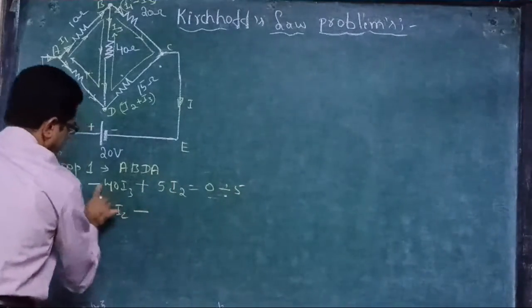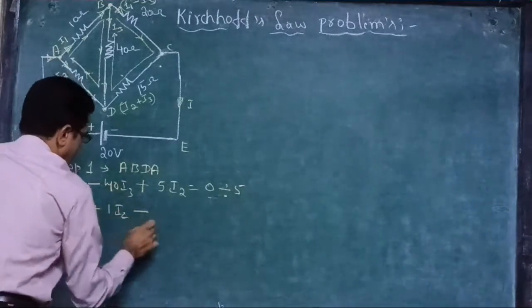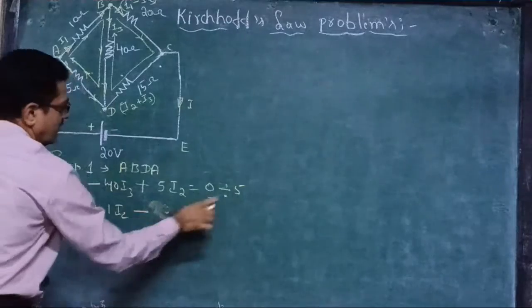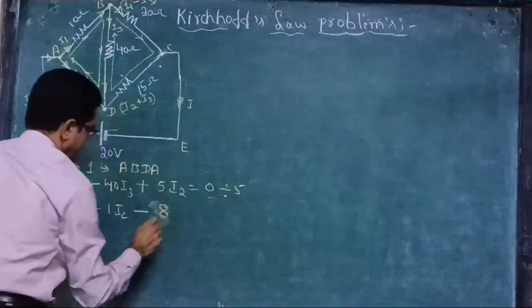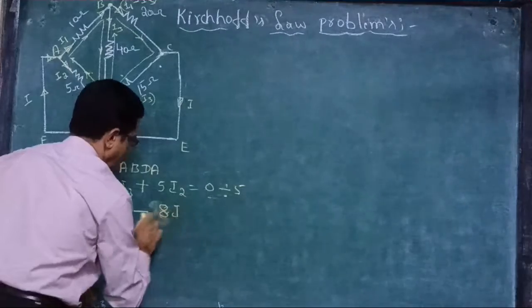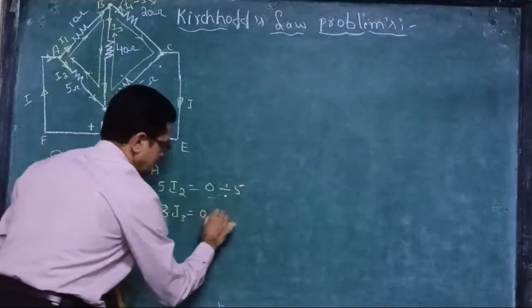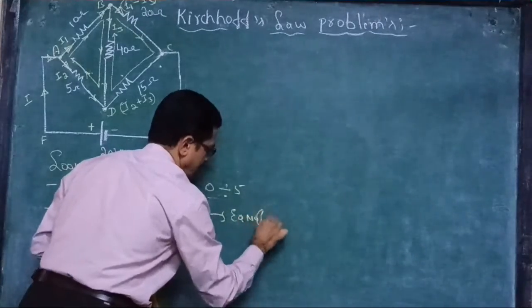Next, the 40 I3 is also taken on this side, and there is no sign change. 40 divided by 5 is 8, so 8 I3 is equal to 0. This is equation number 1.